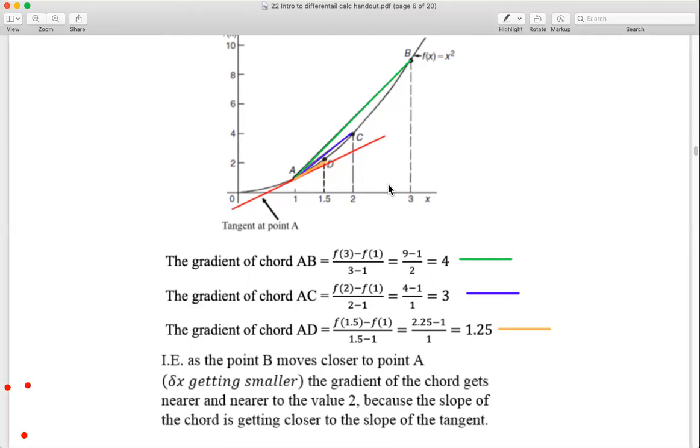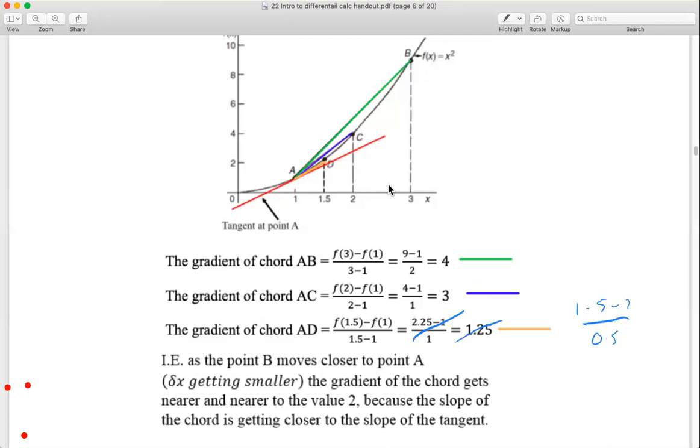This bit should be 1.5 minus 1 over, and the change in x is 0.5. I'll need to put that right, okay?